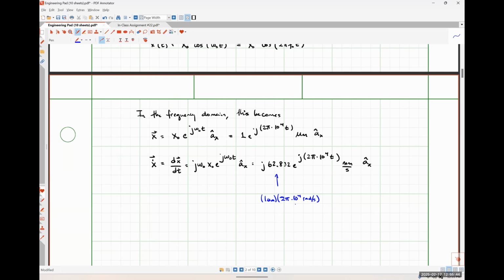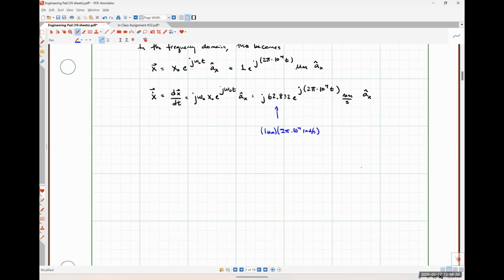What we are seeing is that our velocity is 90 degrees out of phase with our position, which should make perfect sense when we talk about this sinusoidal vibration. So essentially, if I had, I didn't mean for this to be brown, but it'll be okay.